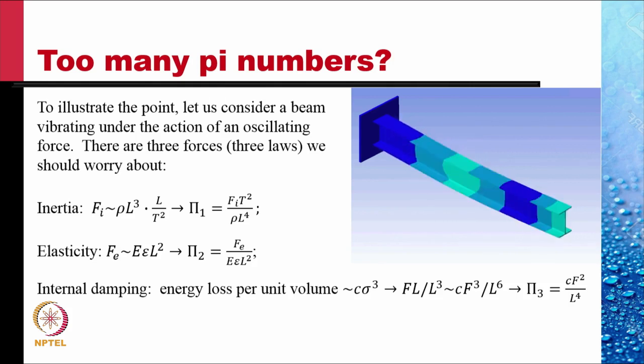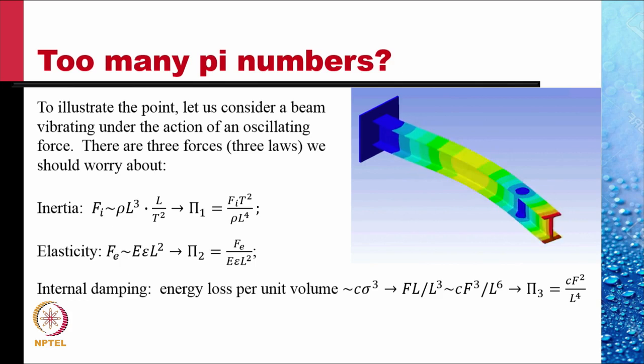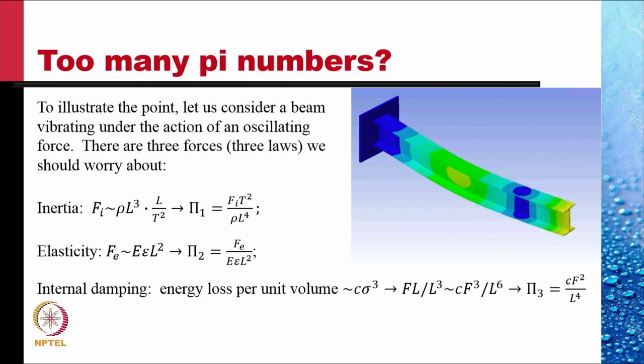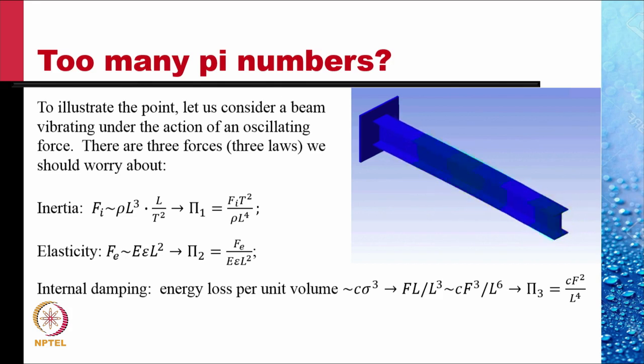The inertial force is like mass into acceleration, and that gives you a pi 1 as Fi t square by rho L raised to power 4. Another is we have to worry about the elasticity of the material. Elastic force would be E times epsilon times L square. So that gives you a pi 2 is equal to Fe divided by E epsilon L square.